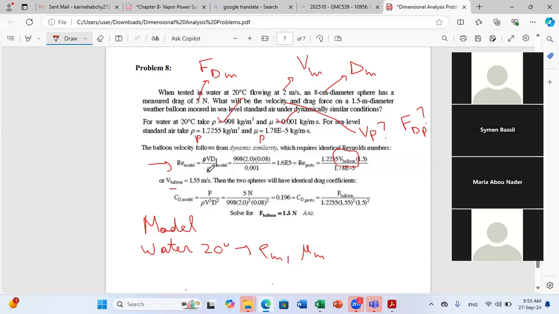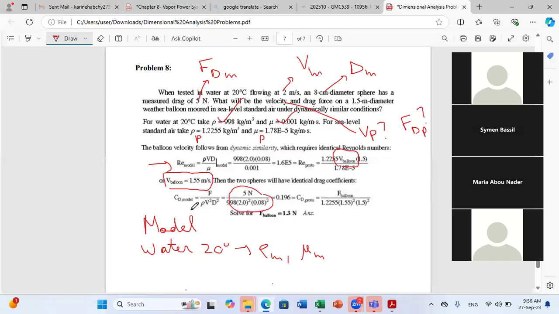And second, we need to determine the actual drag force acting on the balloon. All we have to do is to say that the drag coefficient should be the same for both model and prototype. For the model, we have all information: the drag force, the characteristic length, the velocity, and we got the density from the table.